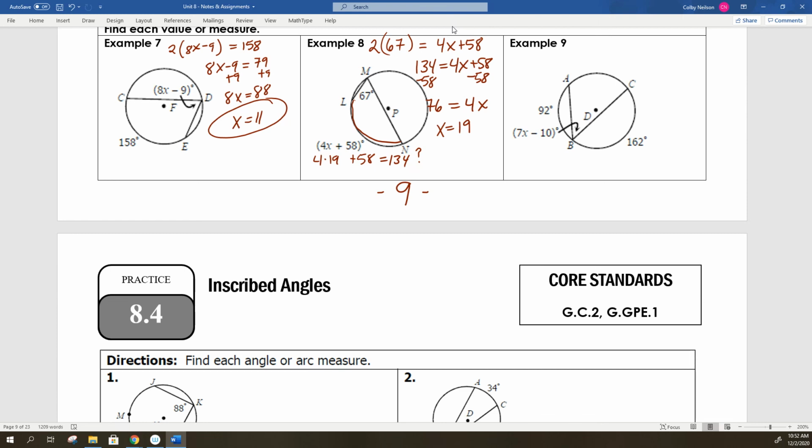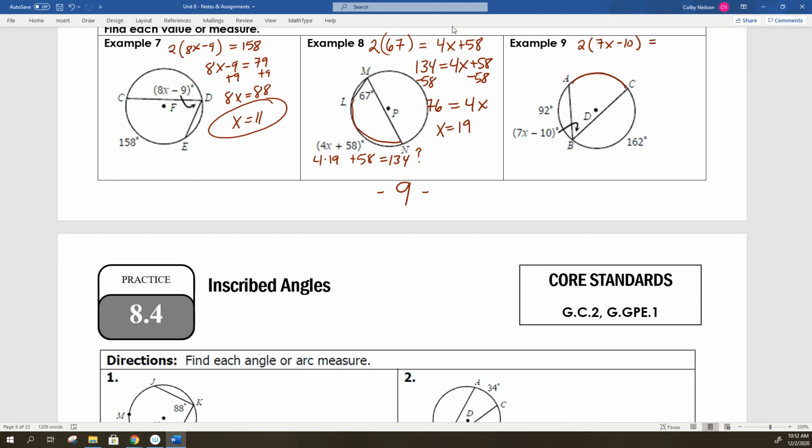What do we have here? We need the arc A to C, but the angle is 7x minus 10. How are we going to find the arc AC so we can set up the equation with the angle? 92 plus 160.